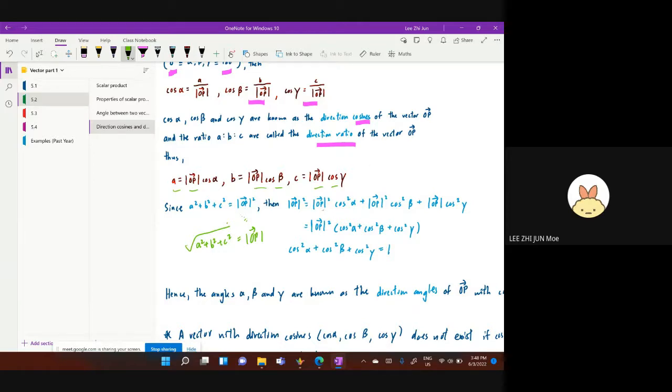So we take out the OP square, and it becomes cos square alpha plus cos square beta plus cos square gamma. OP square cancels, so we'll get 1.